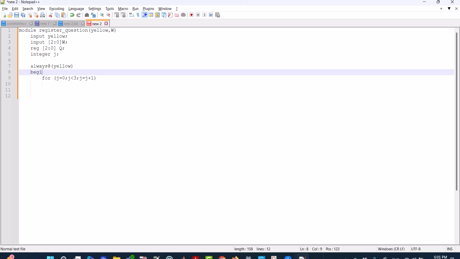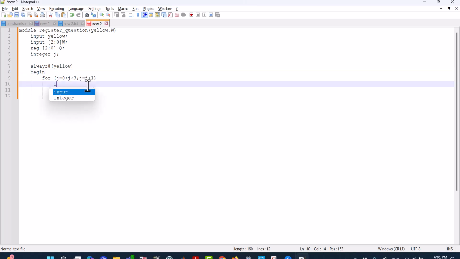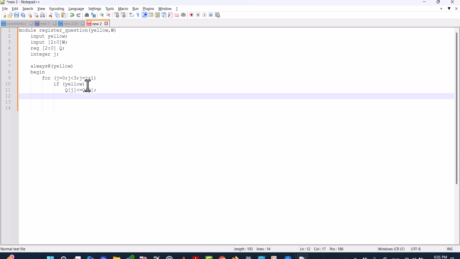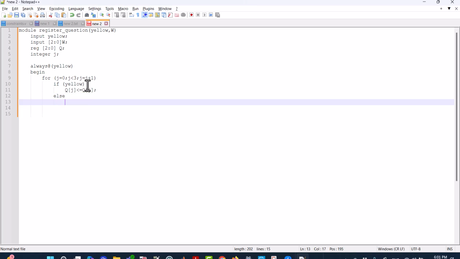So if yellow, Q of J becomes equal to Q of J. Not really necessary, but it just helps you keep track of what's going on. Else Q of J becomes equal to W of J.